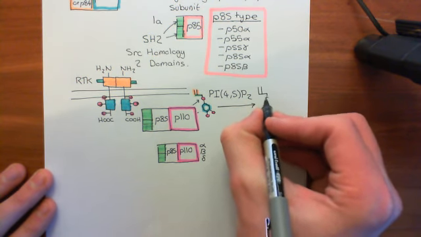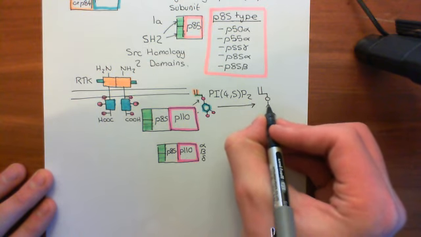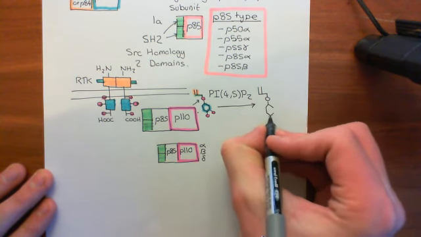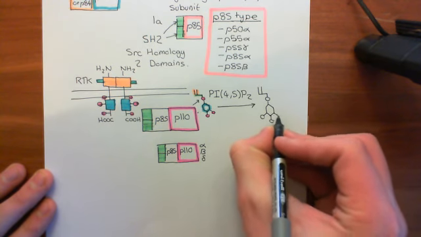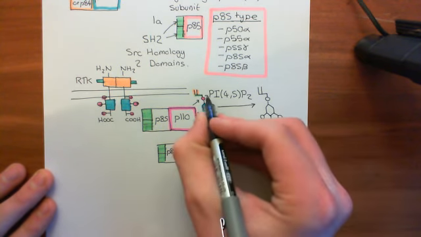So we're going to convert it from phosphatidylinositol 4,5-bisphosphate into phosphatidylinositol 3,4,5 trisphosphate.